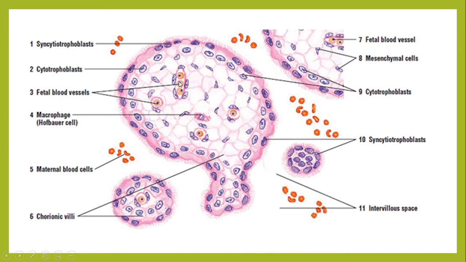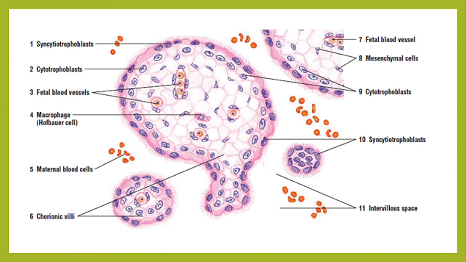Majorly, within this villi we can see two types of cells: mesenchymal cells and macrophagic cells. These two types of cells can be seen between the fetal blood vessels and the trophoblast cells, in the extra embryonic mesodermal region.